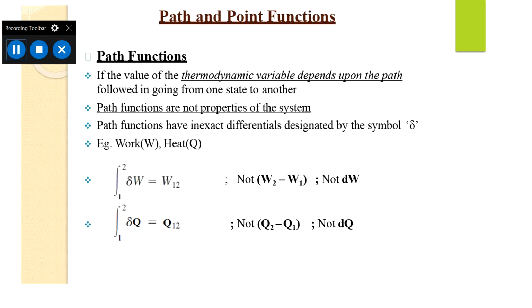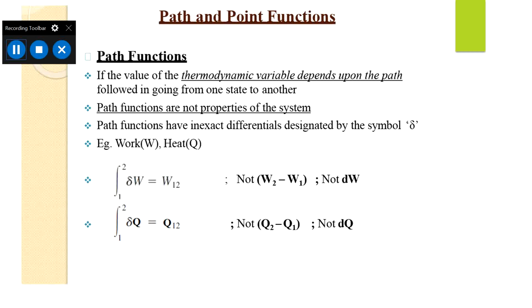Path functions are not properties of the system. There are mainly two types of path functions: work and heat. They depend upon the path of the thermodynamic process, and a path function is represented by delta.